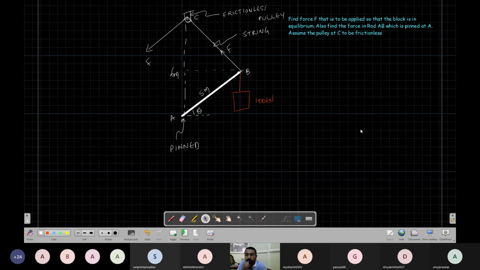The angle is only difficult. So try to solve this. Let's see. So let's say I'll give this angle. I think I should give this angle. This theta is equal to 45. Or let's say 30 degrees. Now we can see whether we can solve this.